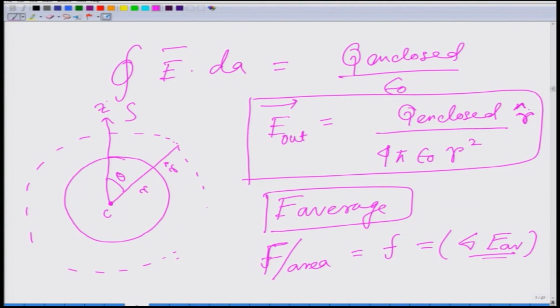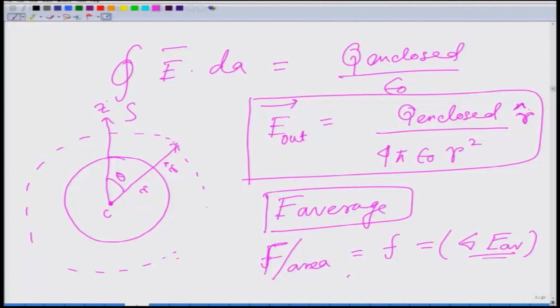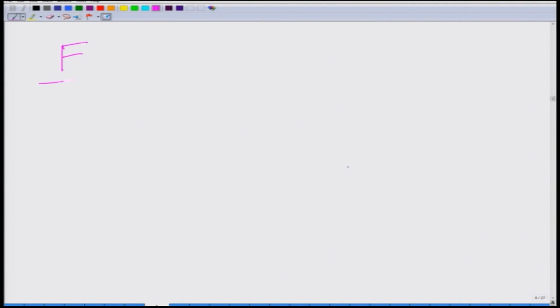You already know the angle between the z axis and the radius, so E average z component will involve a dot product between r and z cap.